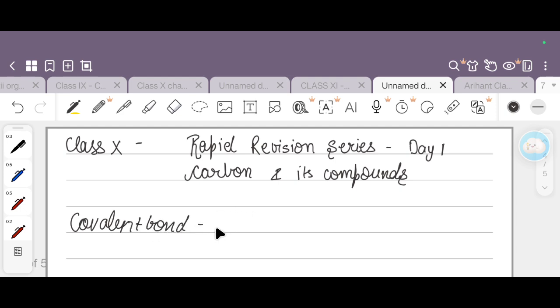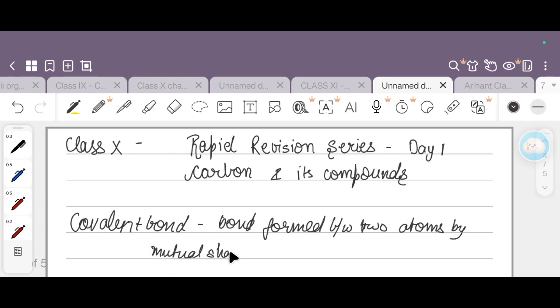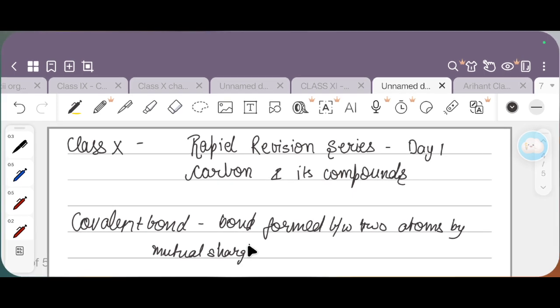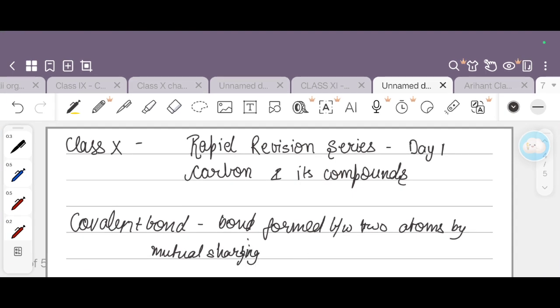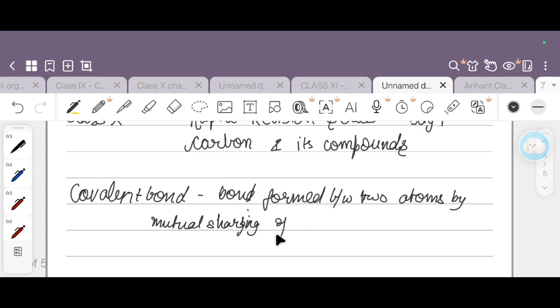Covalent bonds are those bonds which are formed between two atoms by the mutual sharing of their valence electrons. Bond formed between two atoms by mutual sharing of their valence electrons.